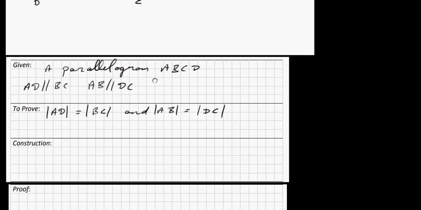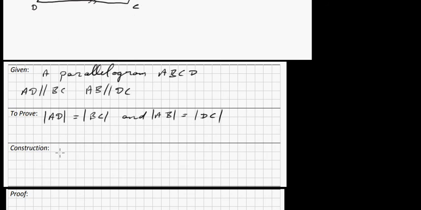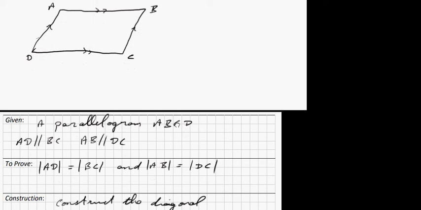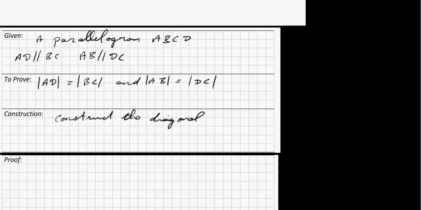Okay, construction then, we can say construct the diagonal. Let's go from B to D. Or join B to D with a straight line.